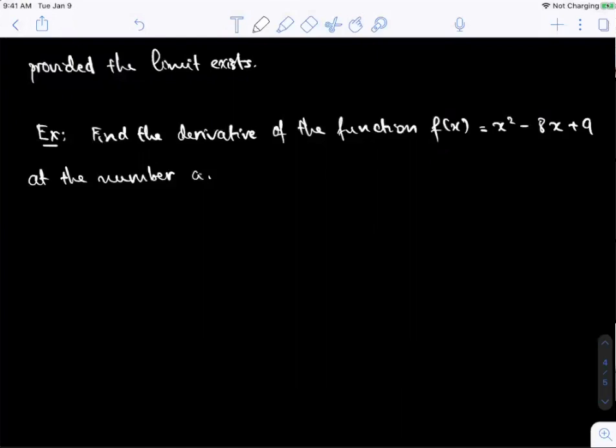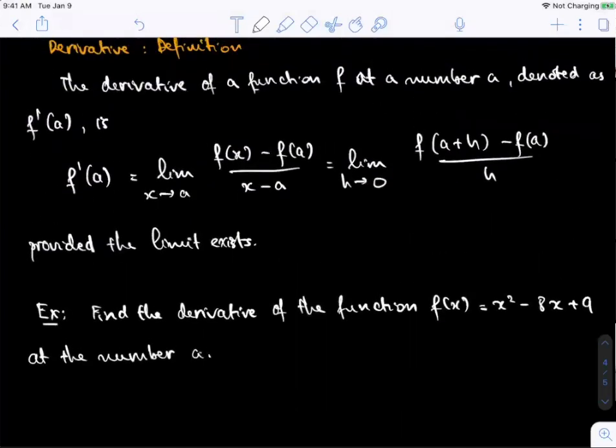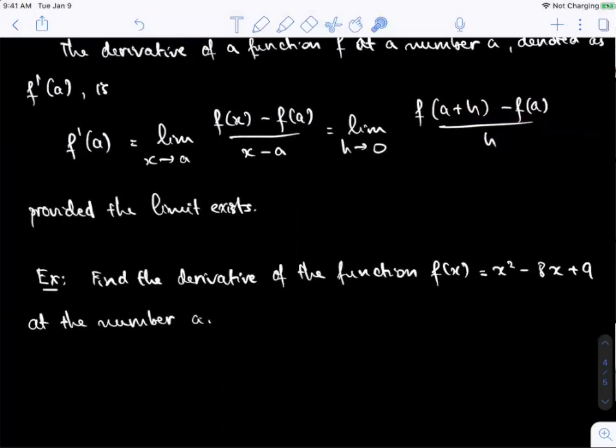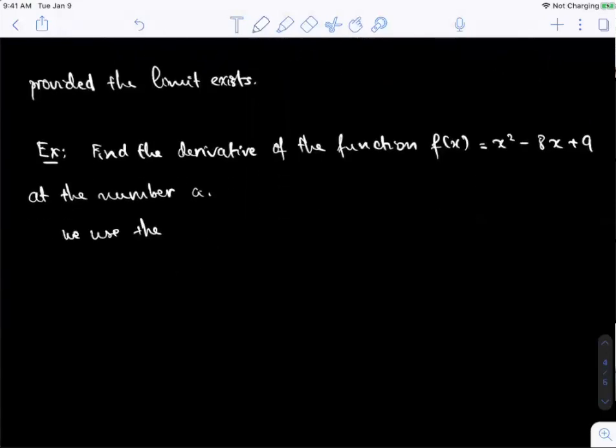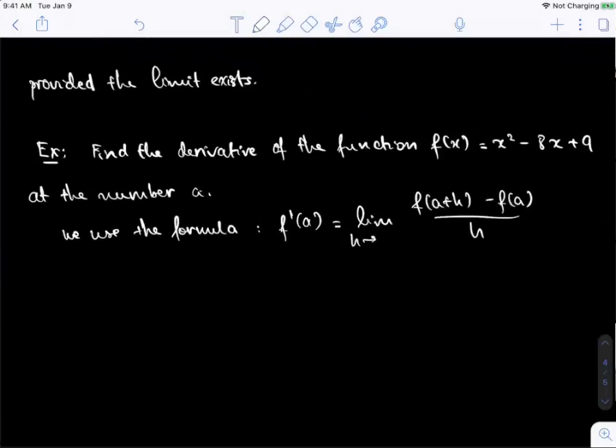So for this, very simple, you're going to apply the formula we just have right here. So the limit of f of a plus h minus f of a divided by h. Given that f of x is equal to x squared minus 8x plus 9, we're going to use the formula f prime of a is equal to the limit of f of a plus h minus f of a divided by h as h approaches 0.